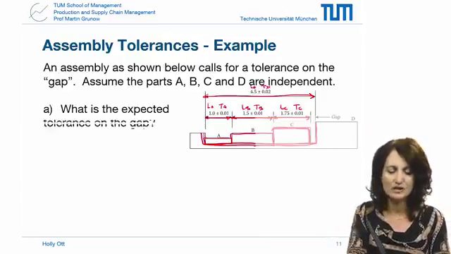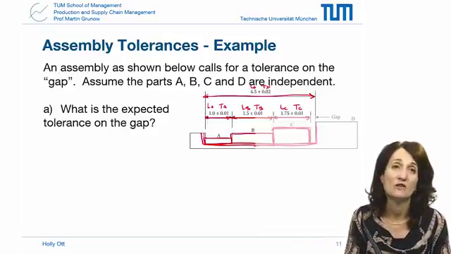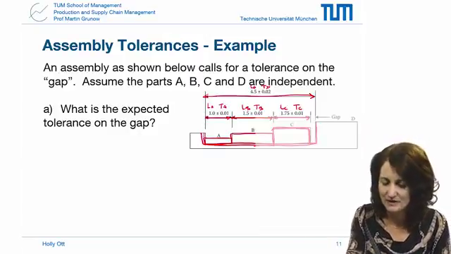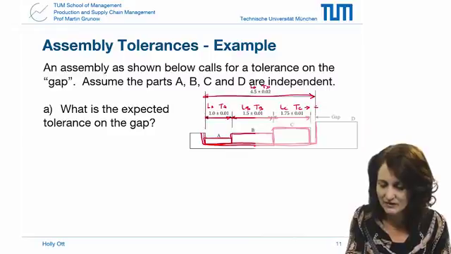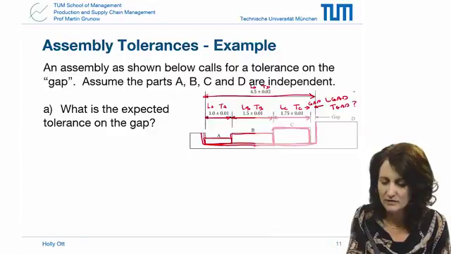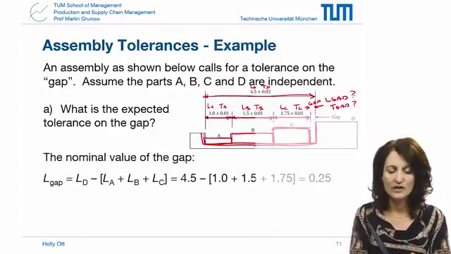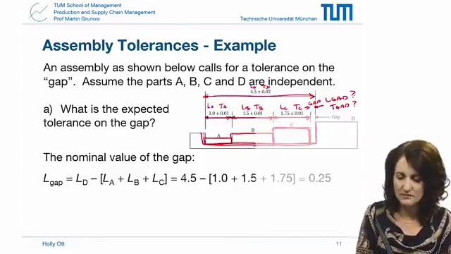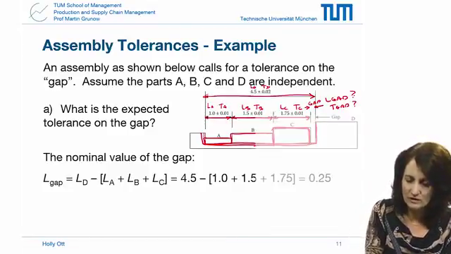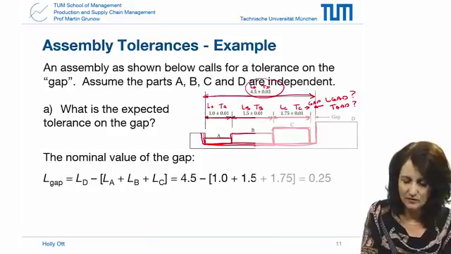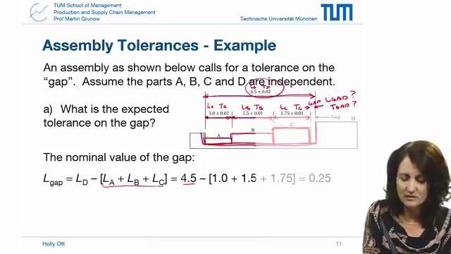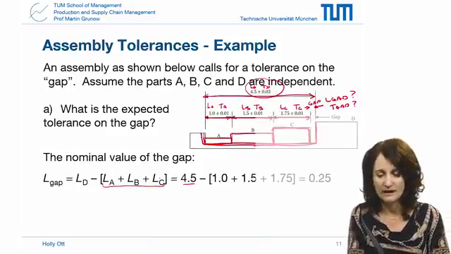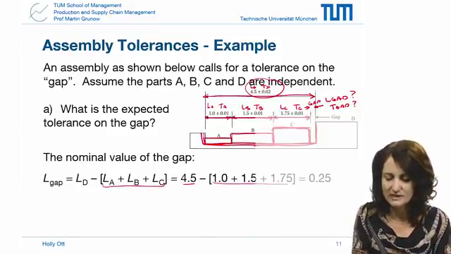So the question then is, what is the expected tolerance on the gap? And here we have our gap, L gap, and T gap. We don't know. So now the nominal value of your gap is going to be the overall length, this LD, 4.5, minus the sum of the individual lengths, 1, 1.5, 1.75.